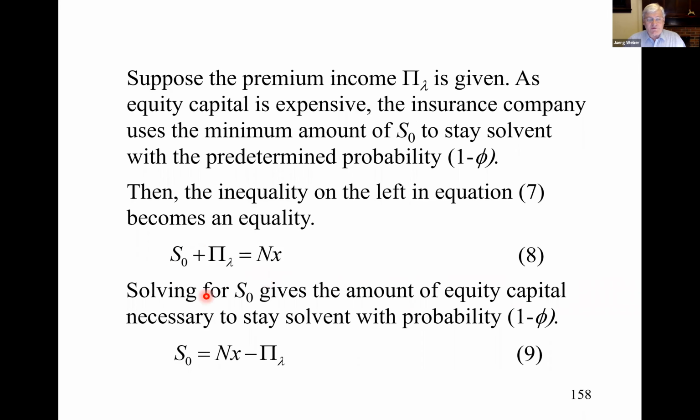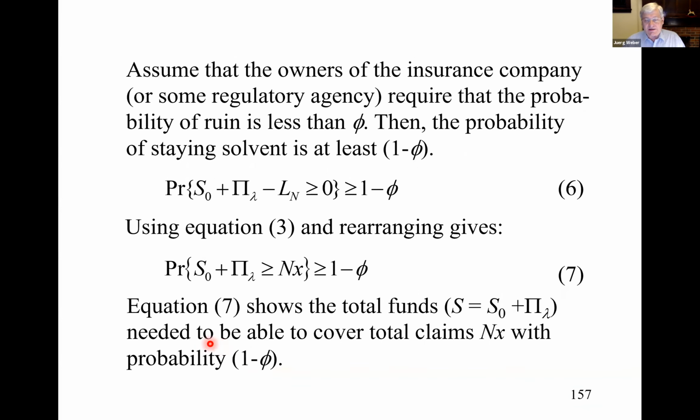And you can solve that one for the required capital at the beginning of the year. So it will give us from equation 7 a required capital at the beginning of the year, which really guarantees us to stay solvent at 98% maybe.